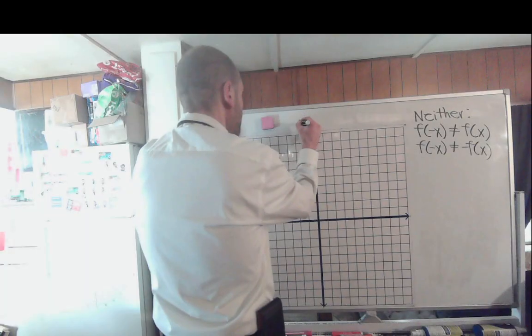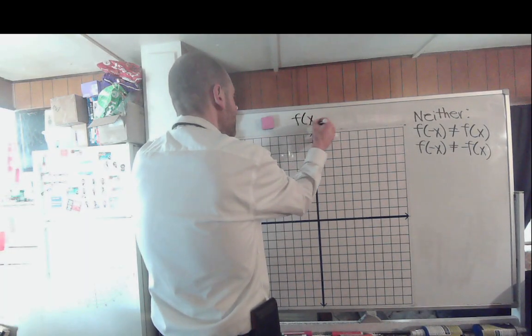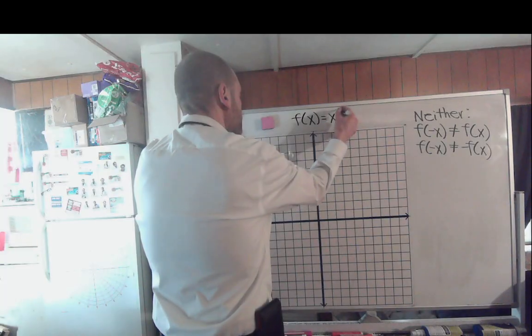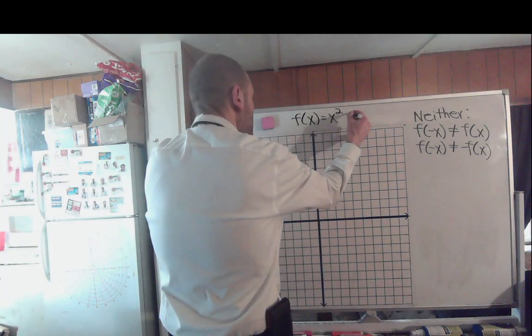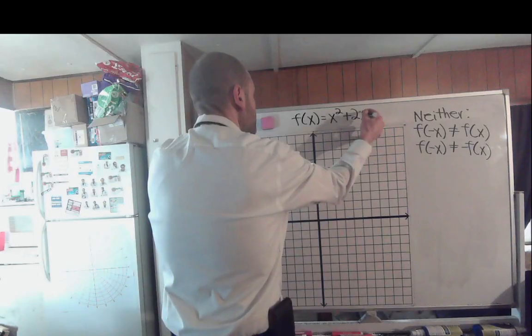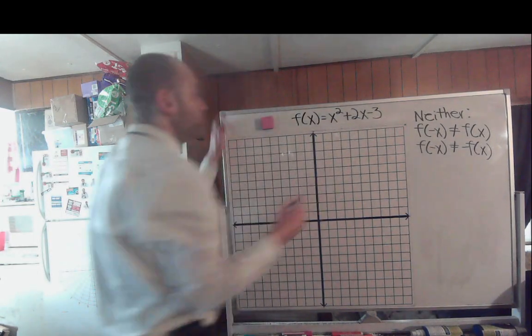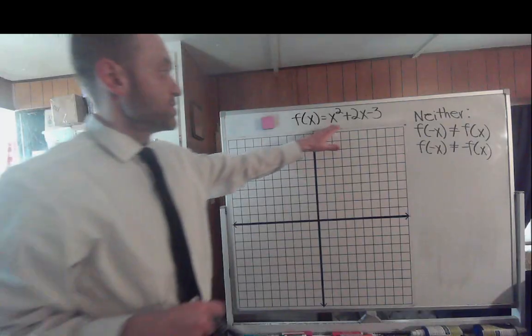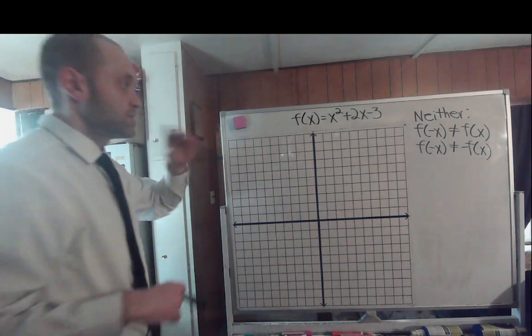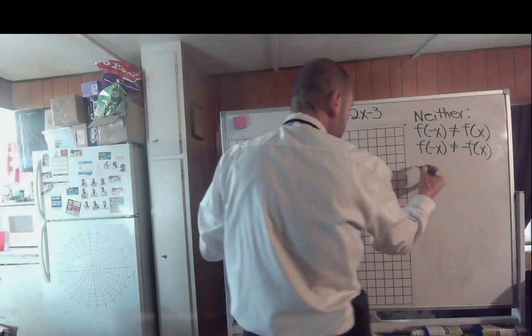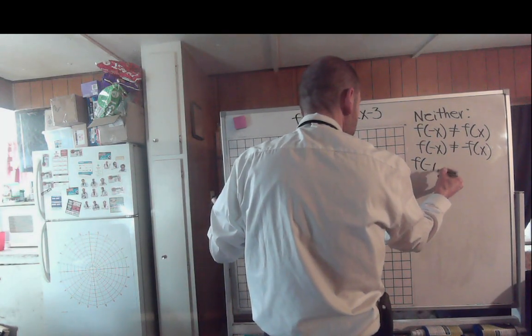So f of x equals x squared plus 2x minus 3. Well, let's put in f of negative x, see what we get.